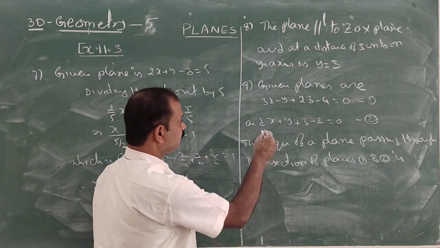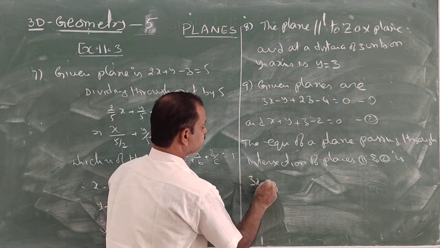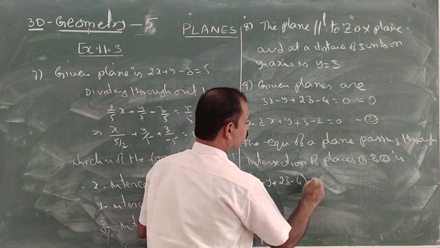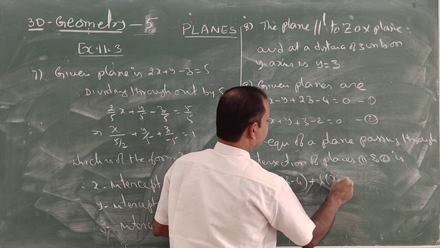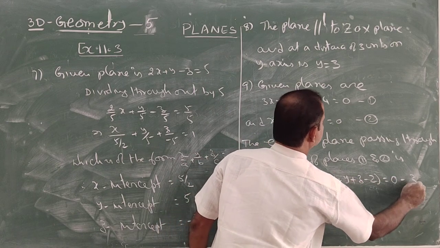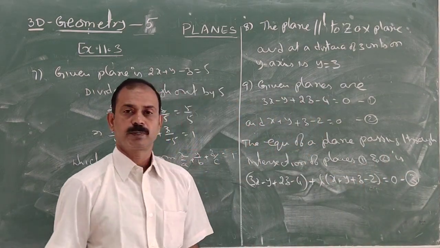That's all: 3x minus y plus 2z minus 4 plus lambda times (x plus y plus z minus 2) equals 0.